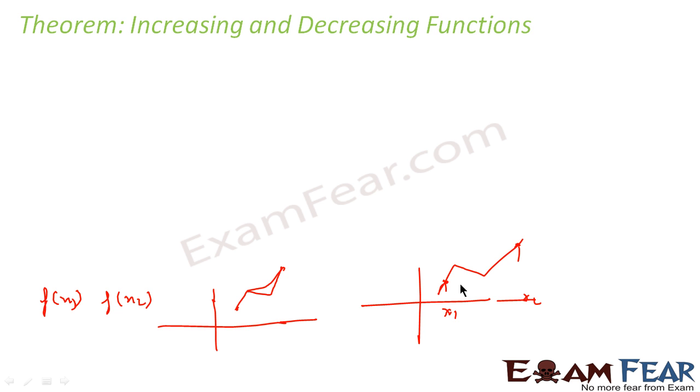With the current formula, I can see that x2 is greater than x1, and f of x2 is also greater than f of x1. Why? This is f of x2, this is f of x1, so f of x2 is greater than f of x1. This is true, and x2 is greater than x1 is true.